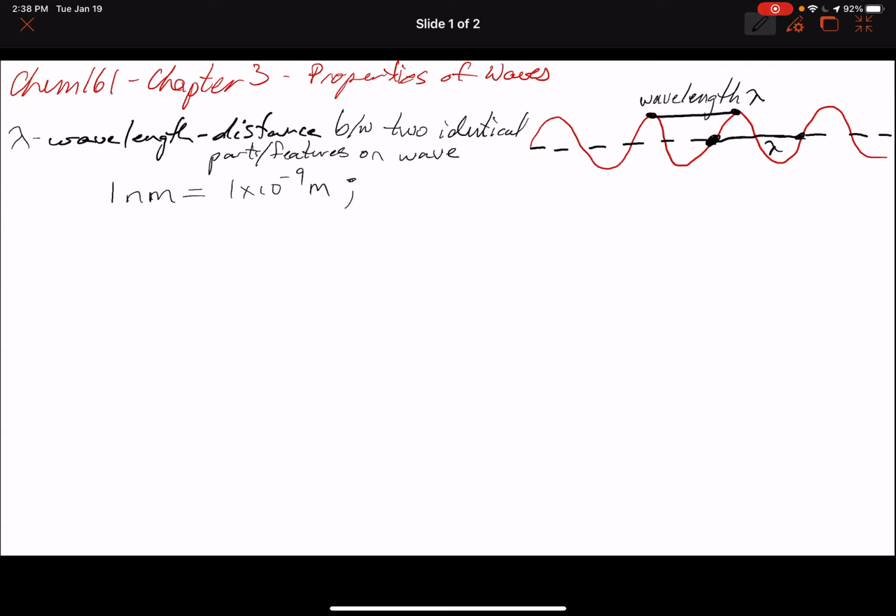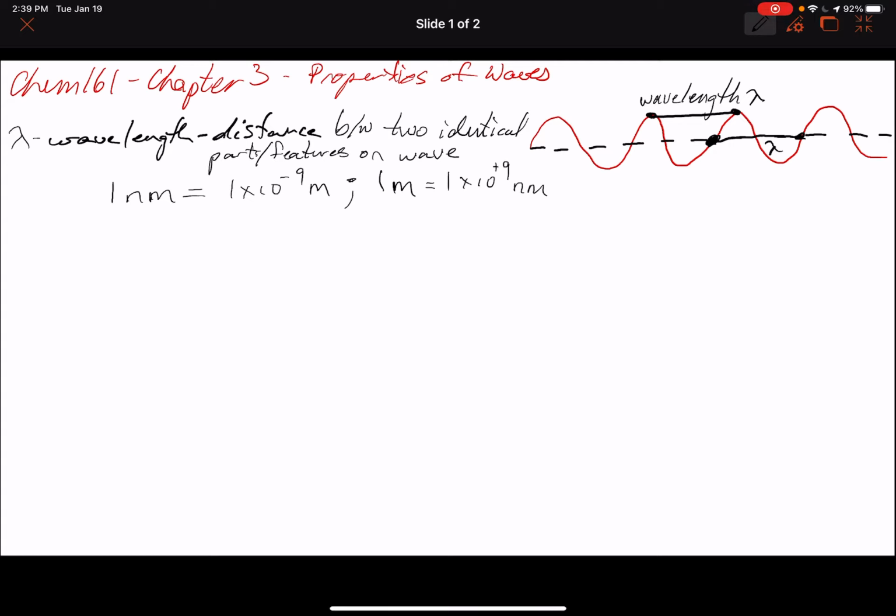And inverting this information, we also have that 1 meter is equal to 1 times 10 to the positive 9 nanometers. Okay, so again, wavelengths for light that we will be looking at for the colors of the rainbow typically are held within the range of 400 to 800 nanometers.